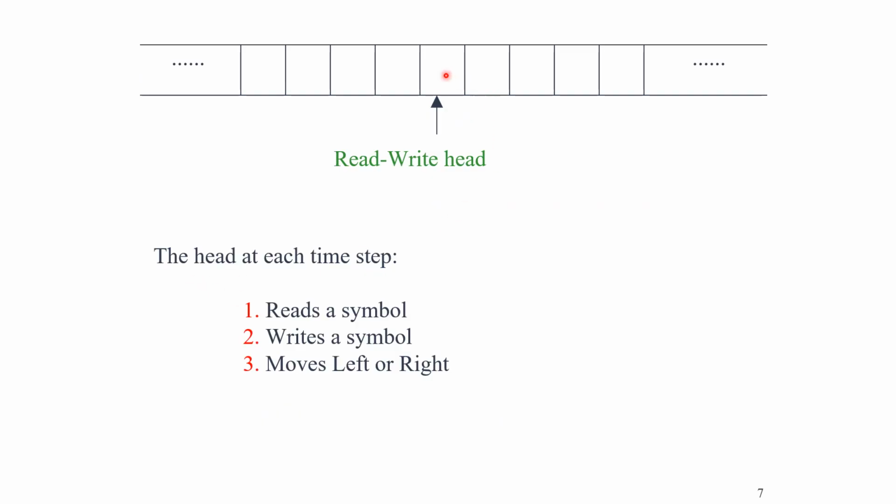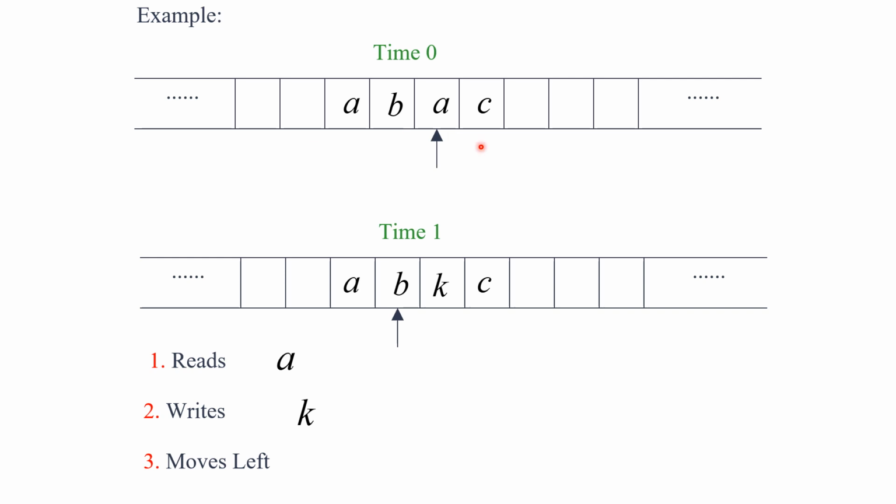In each attempt, the head can read a symbol, write a symbol, and move left or right. For example, if this is an input string A, B, A, C, and the read-write head is on the A, it can read A. After reading A, it can write K in the place of A and move to the left.